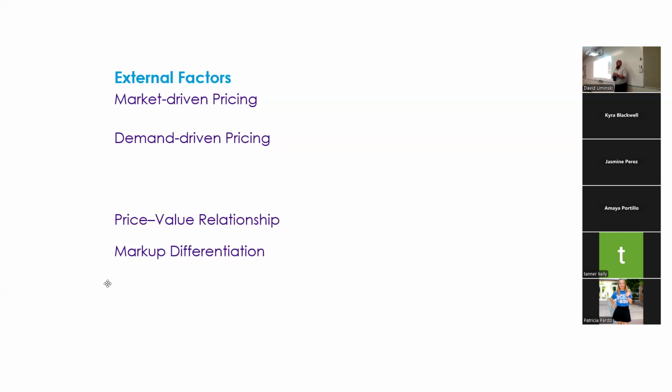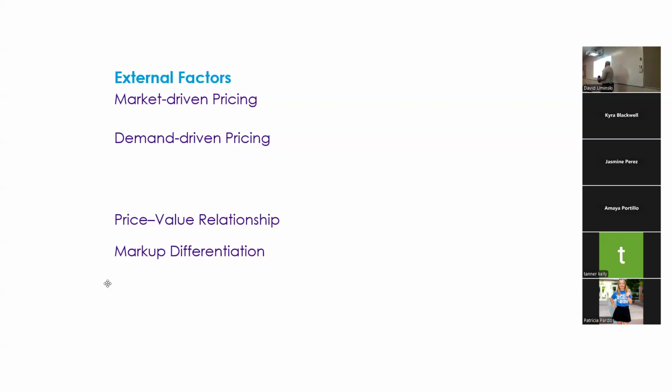But once those ingredient costs go down, usually the price would come back down. So would that be market driven? That'd be market driven, maybe supply driven, because we can't control the cost of our ingredients, especially in a situation like that.